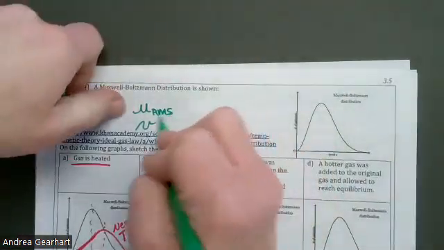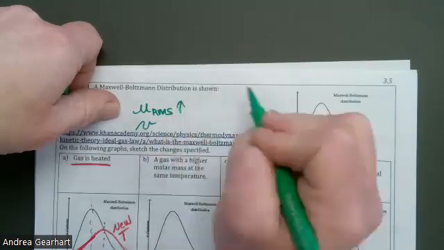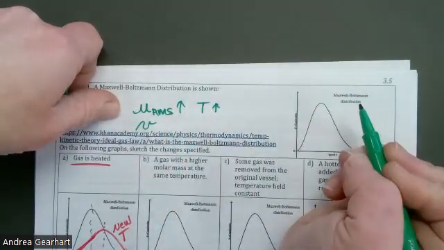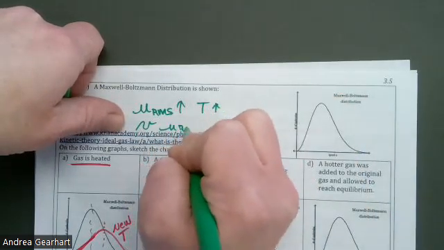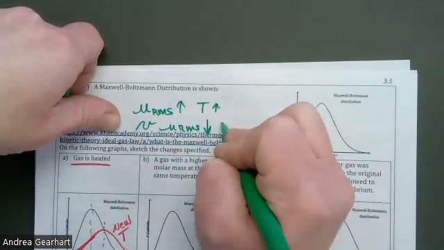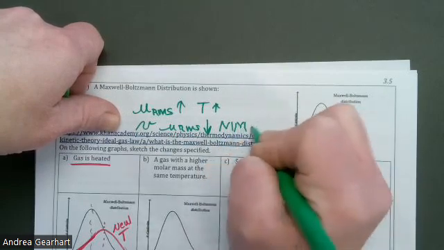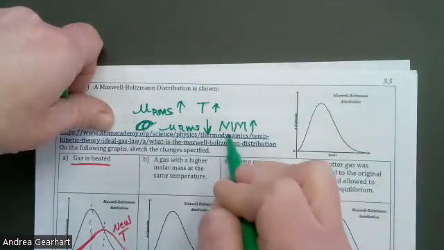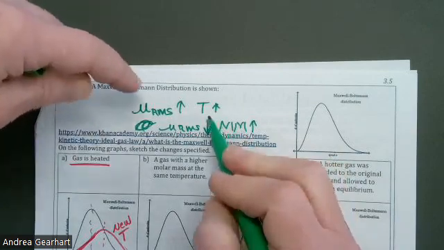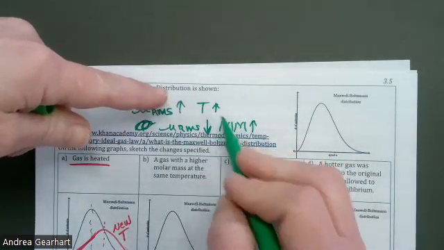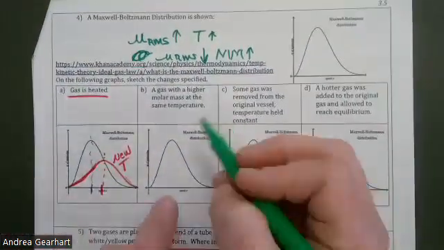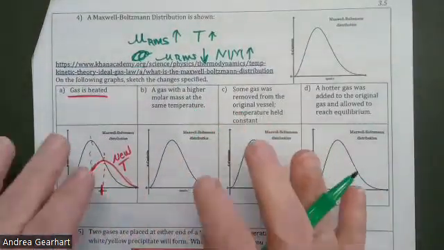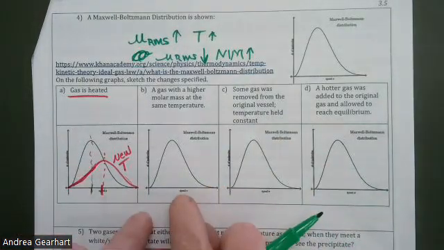The speed increases when the temperature increases, but your speed decreases when the molar mass increases. The heavier the gas at the same kinetic energy will be traveling slower. So a gas with a higher molar mass at the same temperature will be traveling slower.